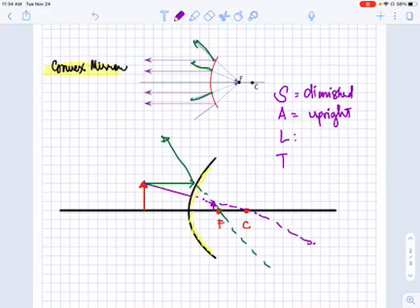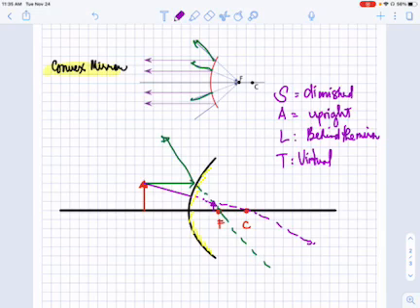It is found behind the mirror. And therefore, what type? The type is virtual, right? Okay, that is convex mirror.